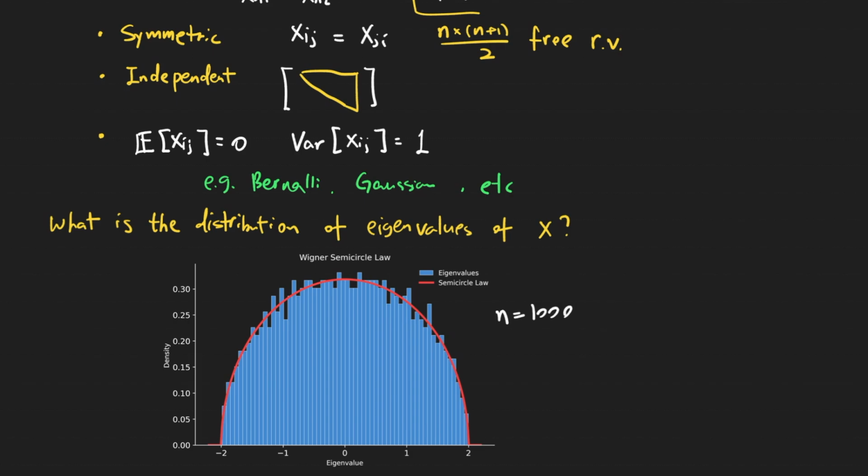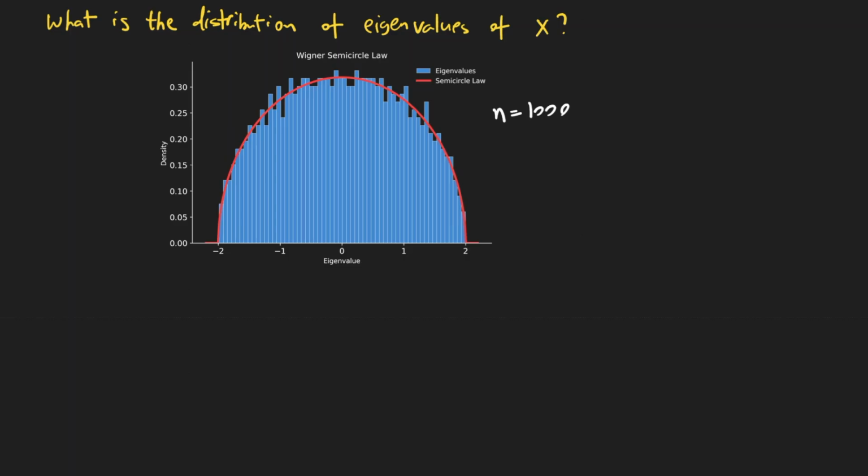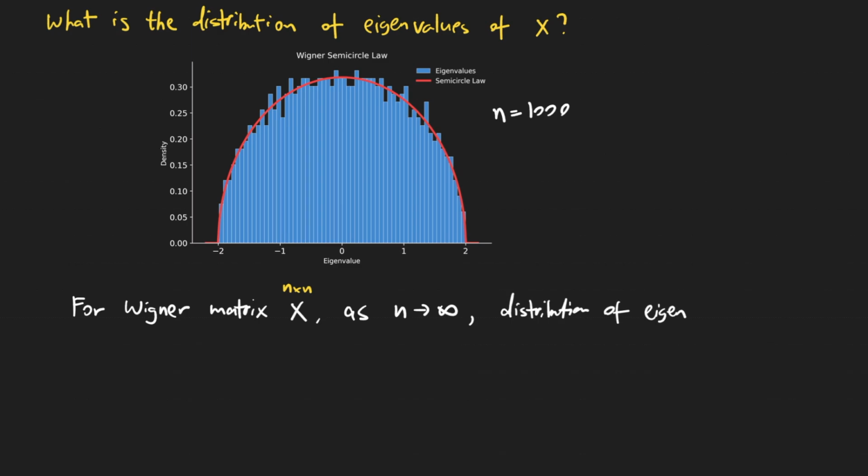Okay, so let me write out the statement of the theorem. The statement is that for a Wigner matrix, as n goes to infinity, remember that X is an n by n matrix, then the distribution of the eigenvalues, so actually here we need to divide the matrix by the square root of n, will approach a semicircle density.